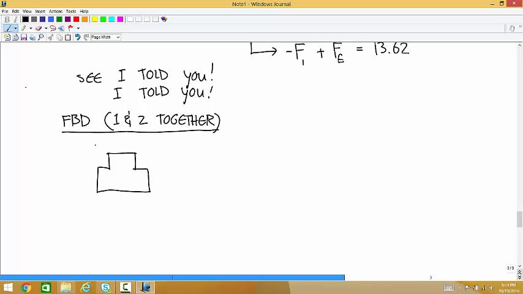You know, no internal details, just an outline of the whole system of things you're isolating. And then the weight. What's the mass of the chosen object? 3. It's the 2 and the 1 together. So that's 29.43.